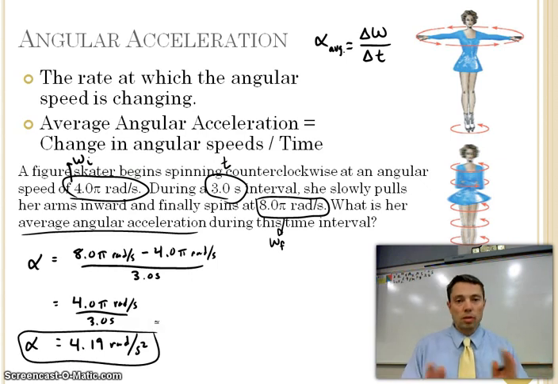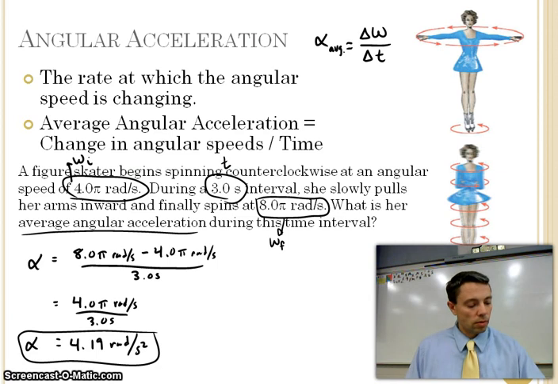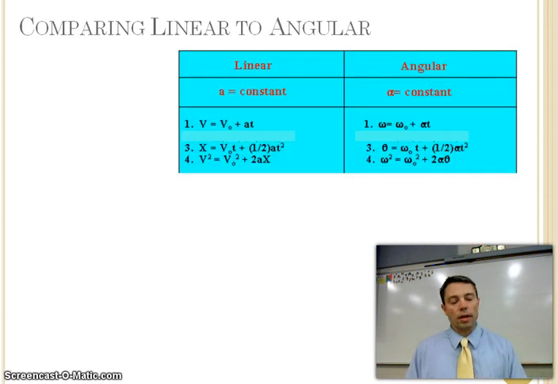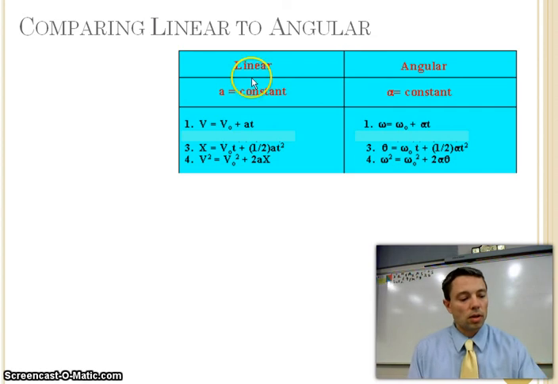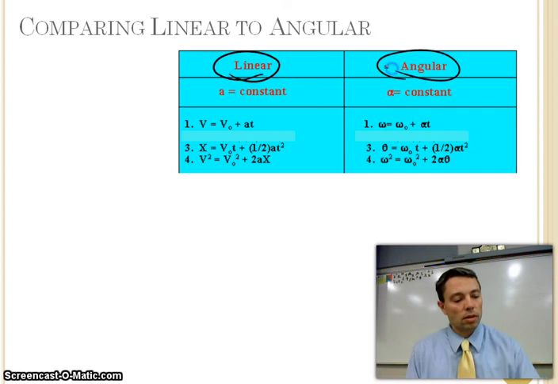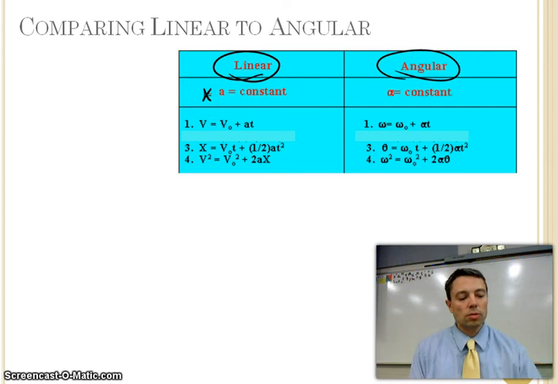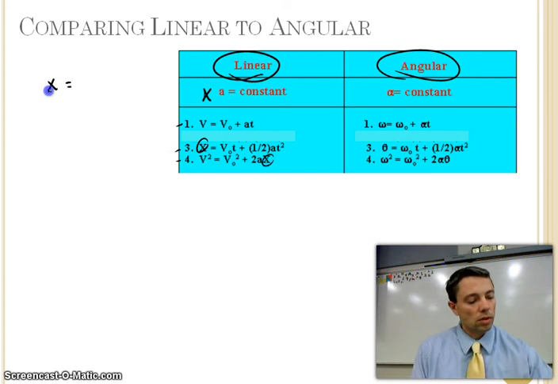Again, similarities between linear versus angular. So again, here we go, back to looking at the similarities, linear versus angular. You're going to see we had a bunch of kinematic relationships for constant acceleration, and these are our 3 formulas that we had on the board over there. Now they're using x's, we used d's.